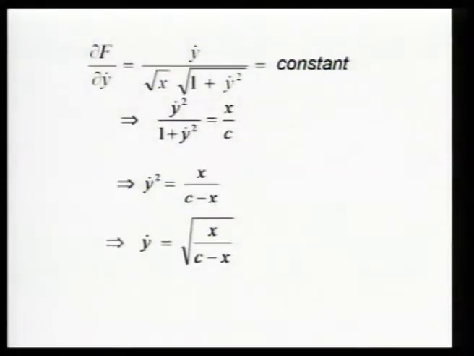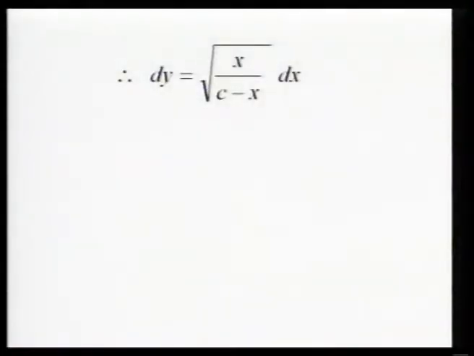You can obtain the same result by cross multiplying. I find this easier. And therefore, y dot is equal to under root of x over c minus x. This now is a simple integral and can be integrated easily.